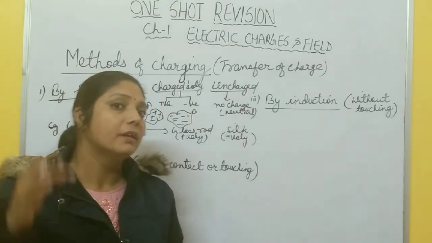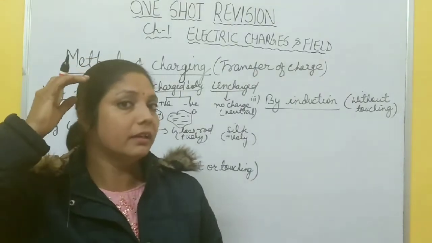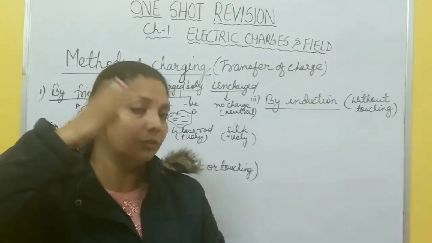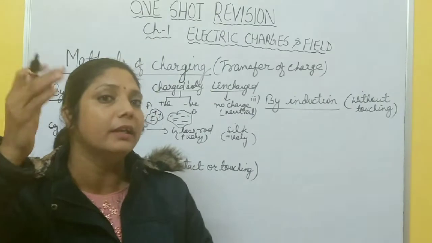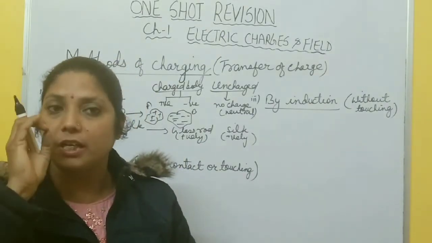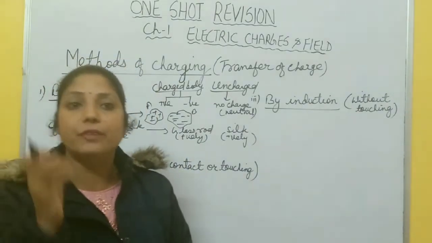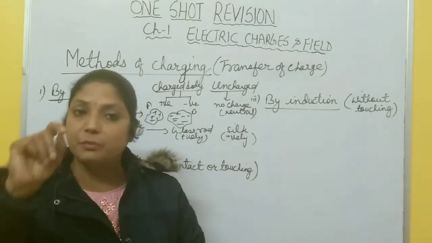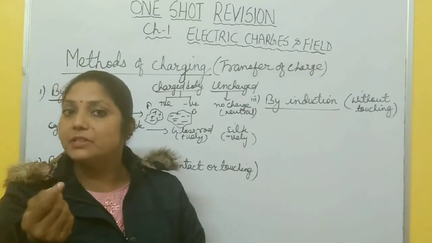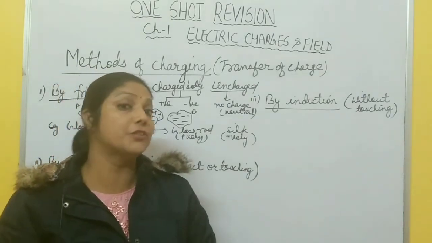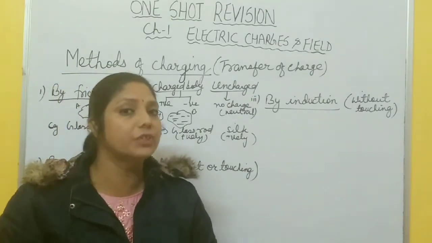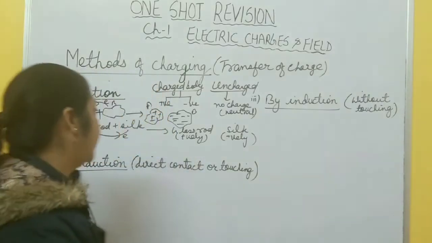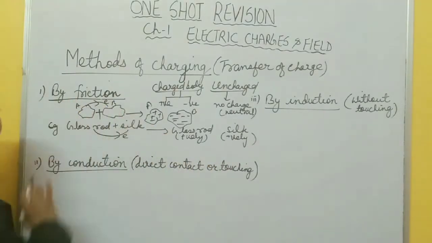By rubbing the comb with hair, there is transfer of electrons from one body to another, from hair to comb, and the comb becomes charged and has the property of attracting other objects. When you place that comb near small bits of paper, the bits of paper are attracted by the comb. It shows that the comb is now charged by rubbing on the head with hair, right? So these are methods of charging by friction.